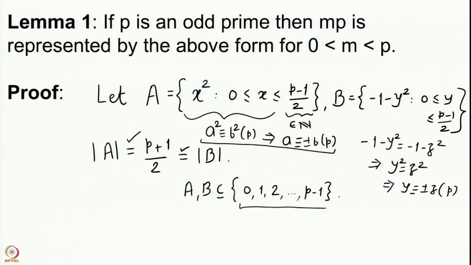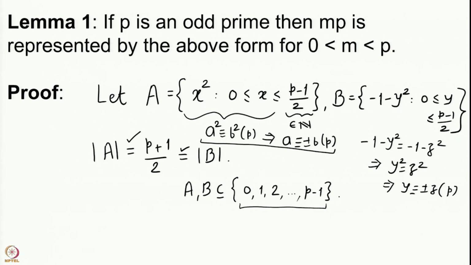This is because if they had no common element, then their union would have p plus 1 elements: (p+1)/2 elements in set A, (p+1)/2 elements in set B, and if all these numbers are distinct, which would mean that none of the elements in A is in B and none of the elements in B is in A, then the union would have cardinality p plus 1, which is going to give us a contradiction, because here we have exactly p elements.